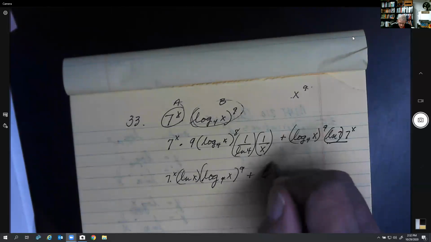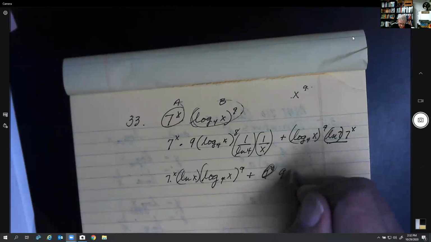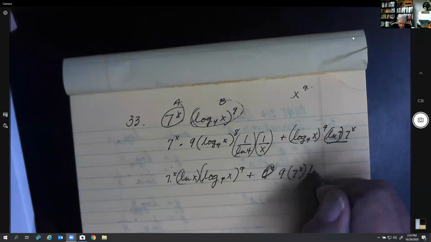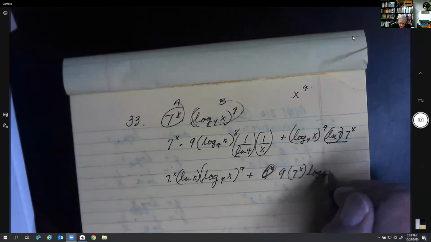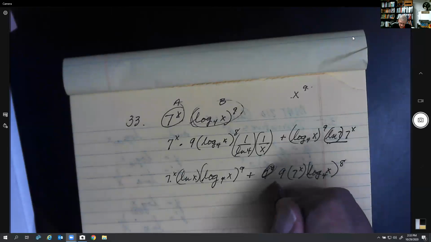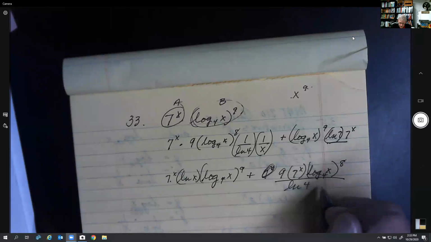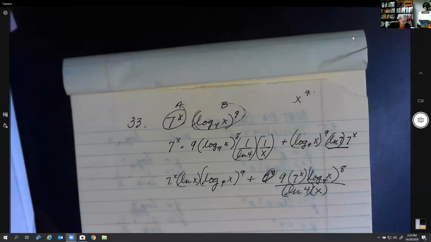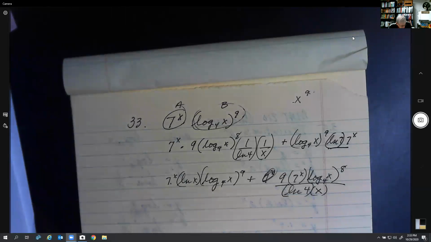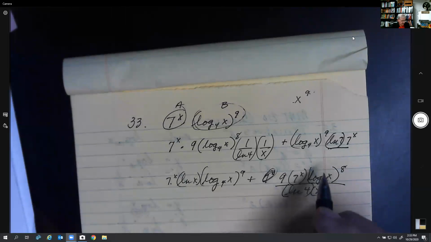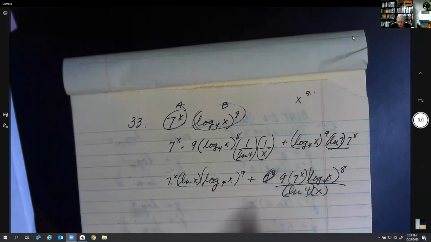Well, actually, they probably put the 9 first and then the times the 7 to the x times the log base 4 x to the 8th. And then they put this over natural log of 4 and x. Okay, something like that. So they might have had it switched around a little bit. I don't know. But that's basically the answer they gave.